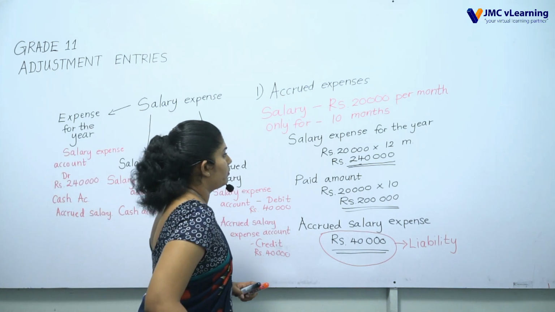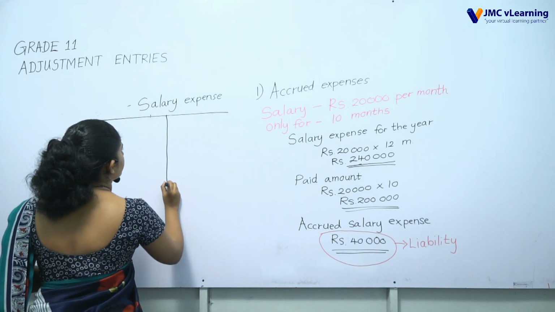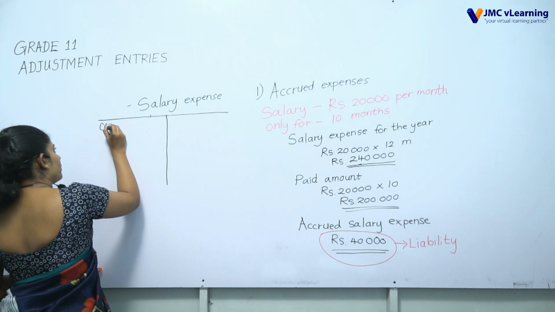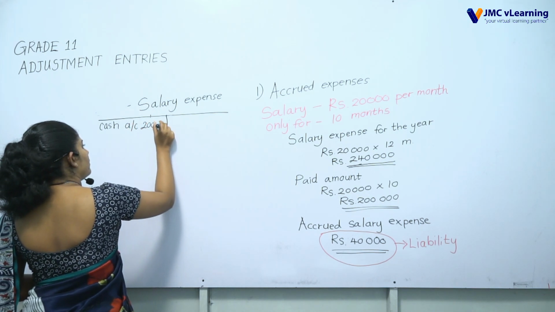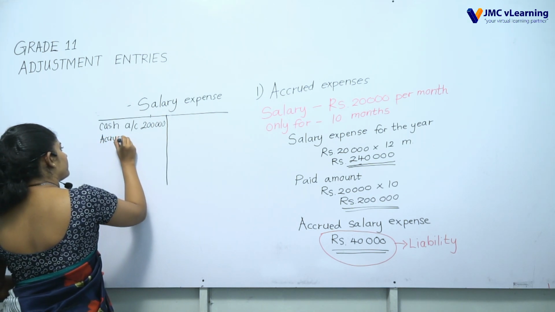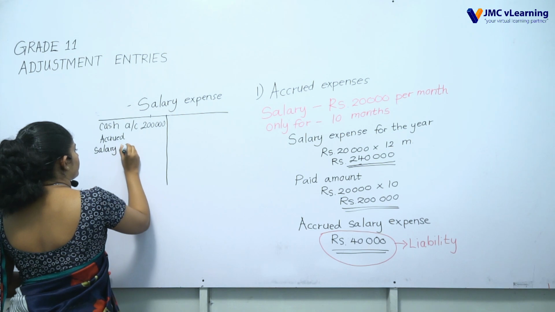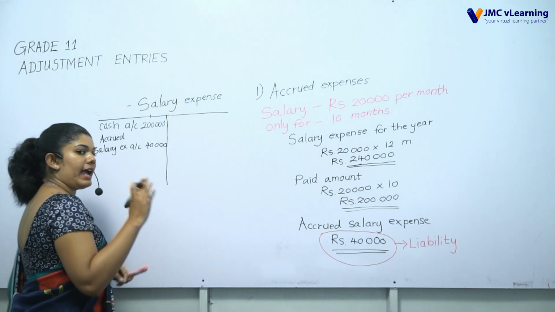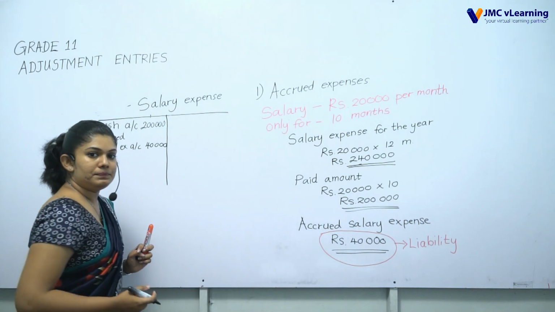Now, let's see how that happens. Salary expense account. When we are paying in cash, cash account 200,000 and accrued salary expense account 40,000. Inside this account, as two line items, there is the total of salary expense for the year.